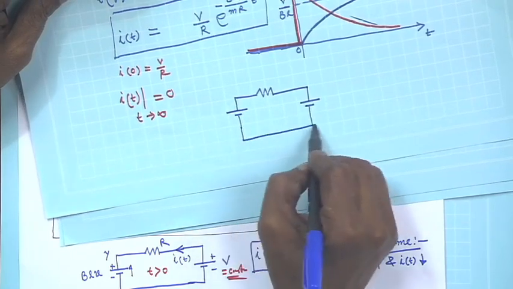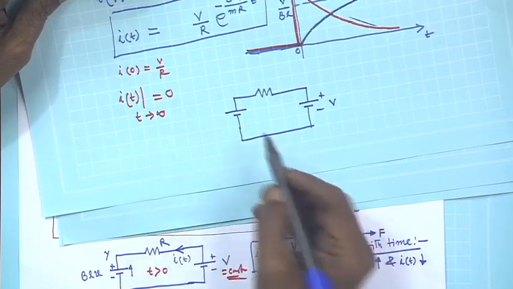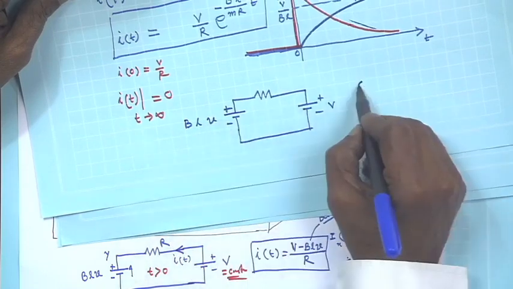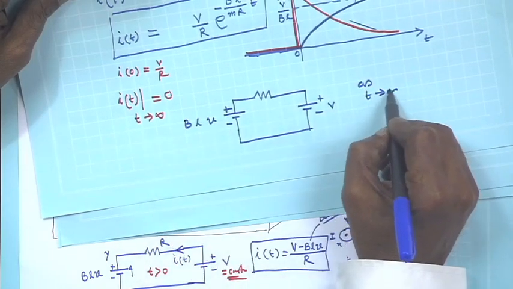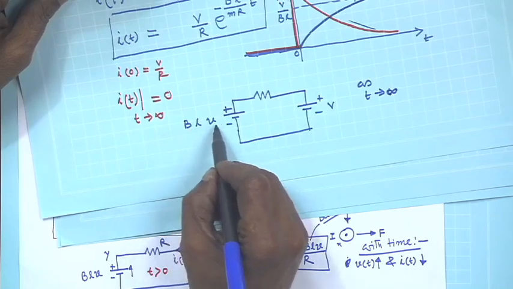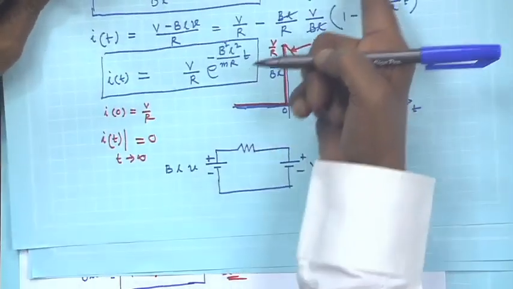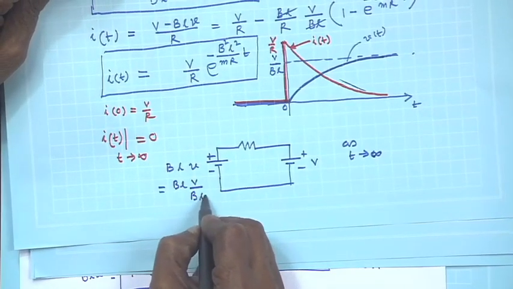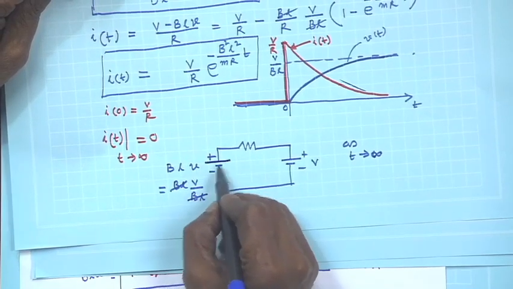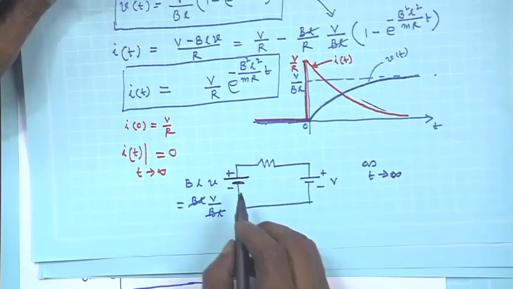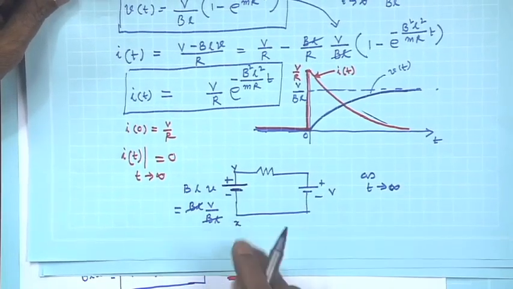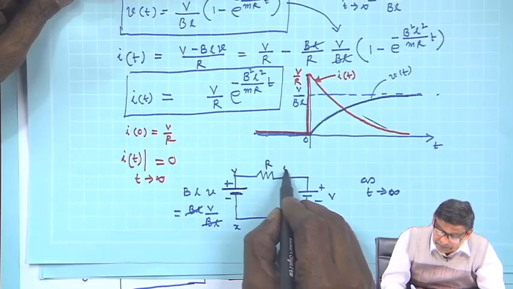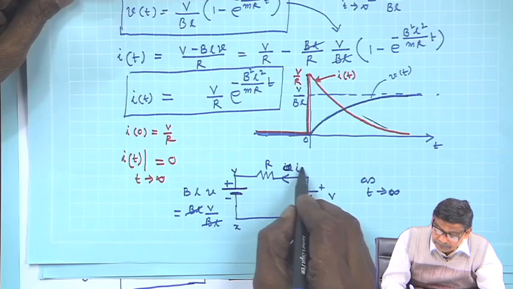After a sufficiently long time, this voltage B L v as t tends to infinity, how will this equivalent circuit look? The velocity at t equal to infinity is capital V by B L. So B L times capital V by B L, this cancels. So this back EMF across the x y ends of the conductor will be exactly equal to capital V, and the current in the circuit will be 0 under this condition.